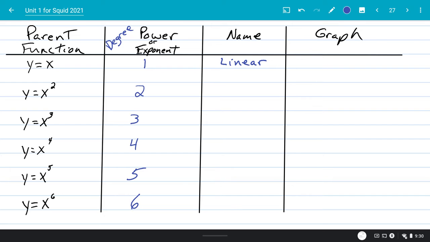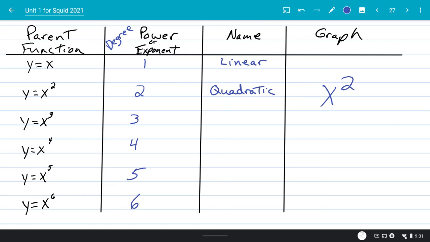Something to the second power is called quadratic. Now, I understand that doesn't make any sense, because you think of quadratic and you think of what? 4. Why in the world would they give something to the second power a name that sounds like a 4? Here's why.